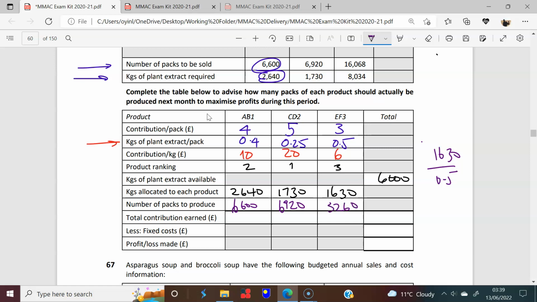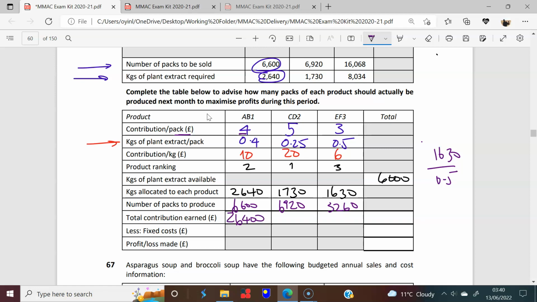Okay, great. So the contribution now is just literally multiplying the contribution per pack times the number of packs that you can actually produce. So let's just do that. We have 6,600 times 4, which is 26,400.